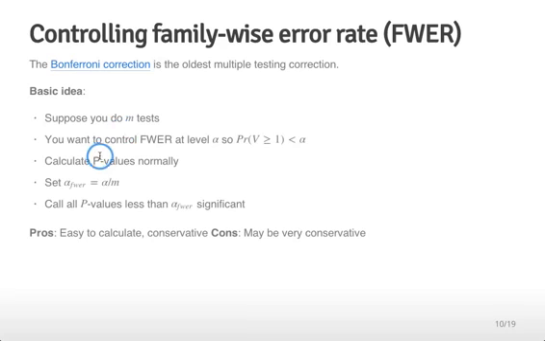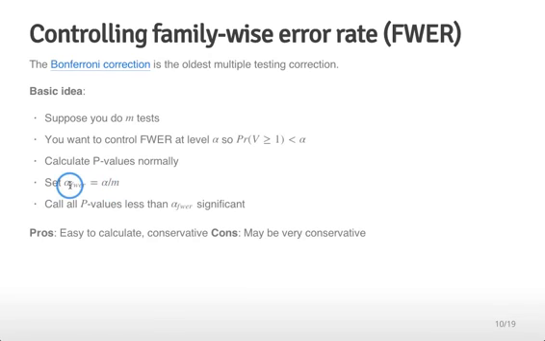We can calculate all the p-values normally, and then take the alpha level that we originally had for a single hypothesis test and divide it by the number of hypothesis tests that we performed. In other words, if alpha is 0.05 and the number of hypothesis tests is 10, then 0.05 divided by 10 is equal to 0.005.